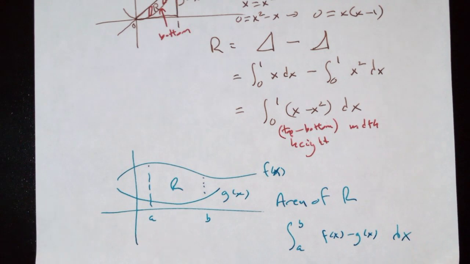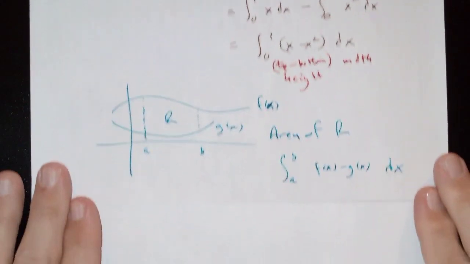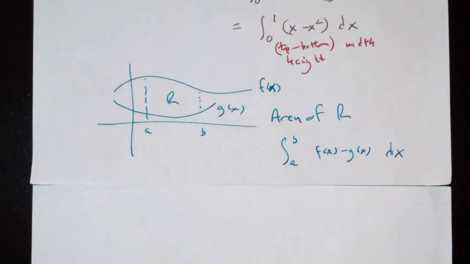Anytime I have a region with a curve on the top and a curve on the bottom, that's all I need. I need the height between them. I just need to know which is top and which is bottom.